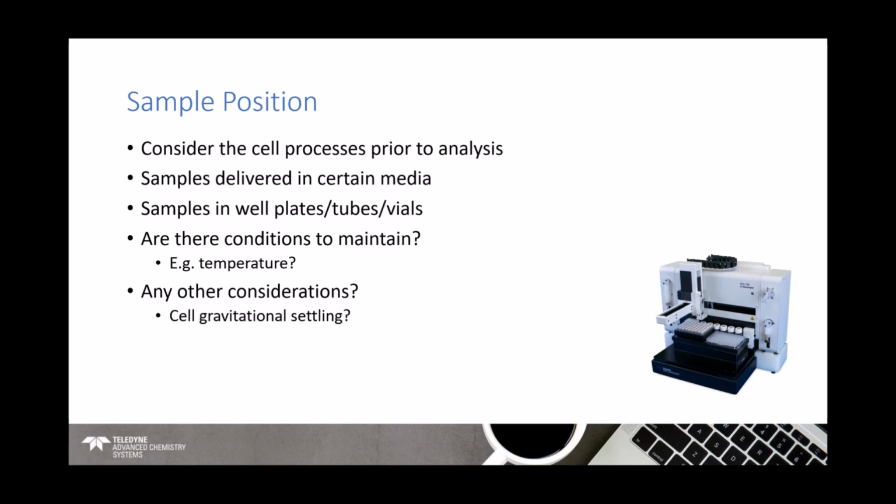They might be a certain type of cell, certain size, a certain shape. They might be held in some sort of media. There might be conditions to maintain, for example, temperature. You might have to consider whether cells will settle according to gravity over time. So there's a number of things to consider with your sample.